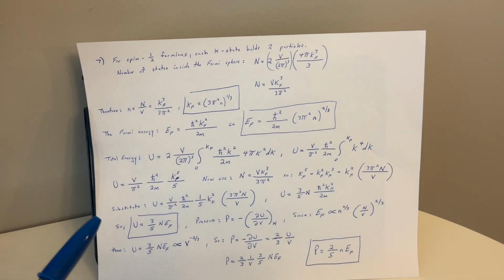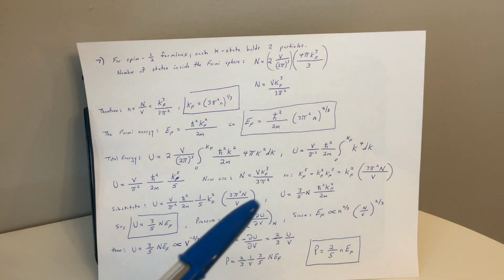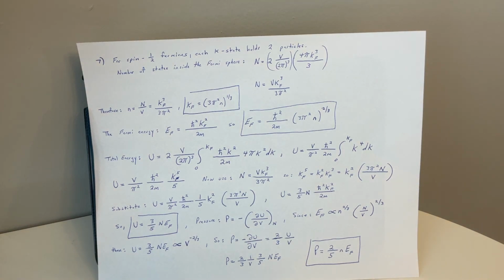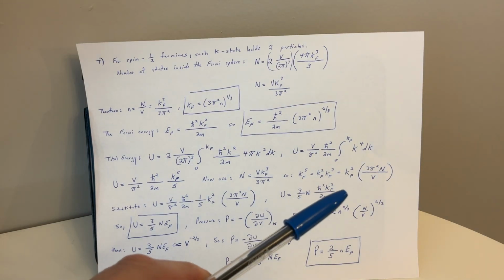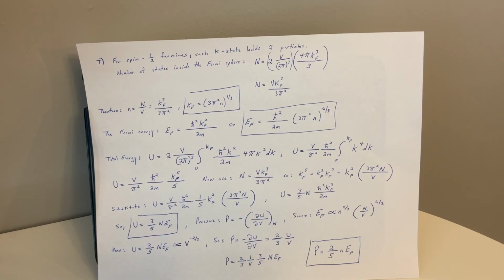So here U equals V over pi squared times h bar squared over 2m times k_F to the 5th over 5. Now we're going to use n equals k_F cubed over 3 pi squared. So k_F to the 5th equals k_F squared times k_F cubed, which equals k_F squared times (3 pi squared n over V).